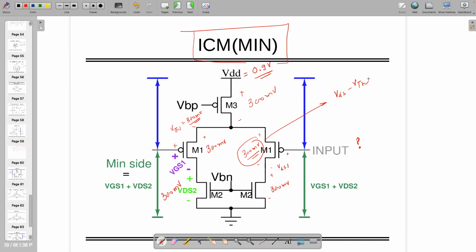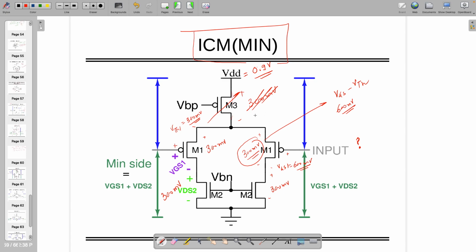So how much VGS do you want to give so that this becomes 300 millivolt? Around 600 millivolt. If you are giving VGS equal to 600 millivolt, now look at this. This becomes 300 millivolt. There is nothing left over here. So this transistor went out of saturation.